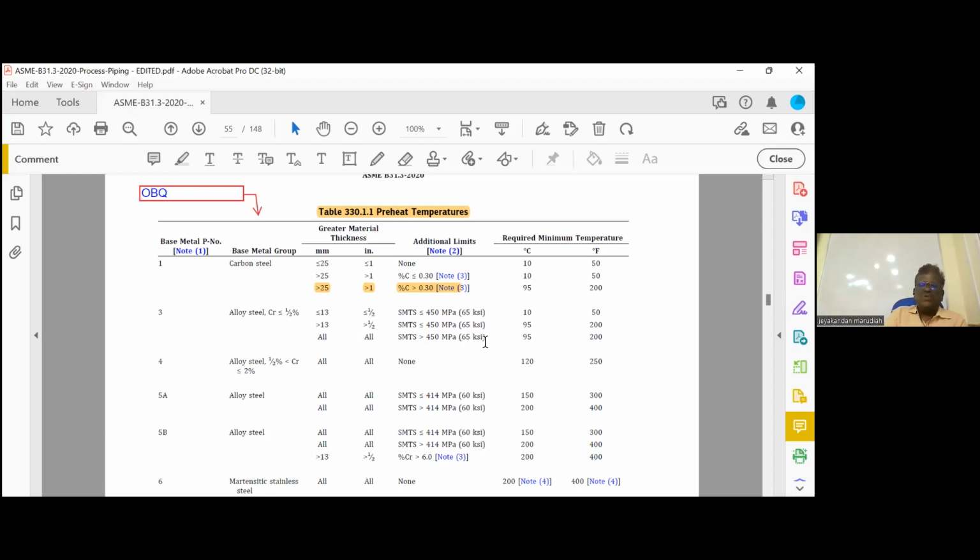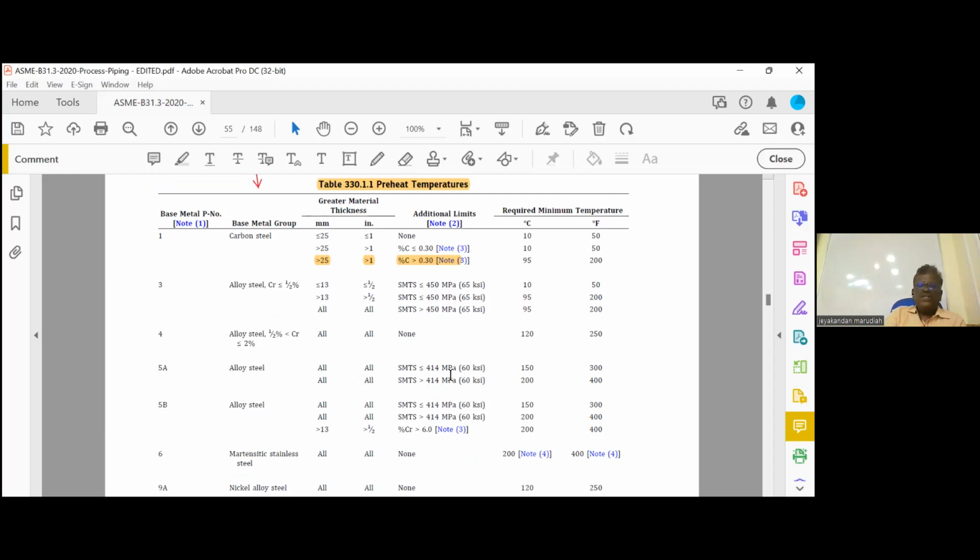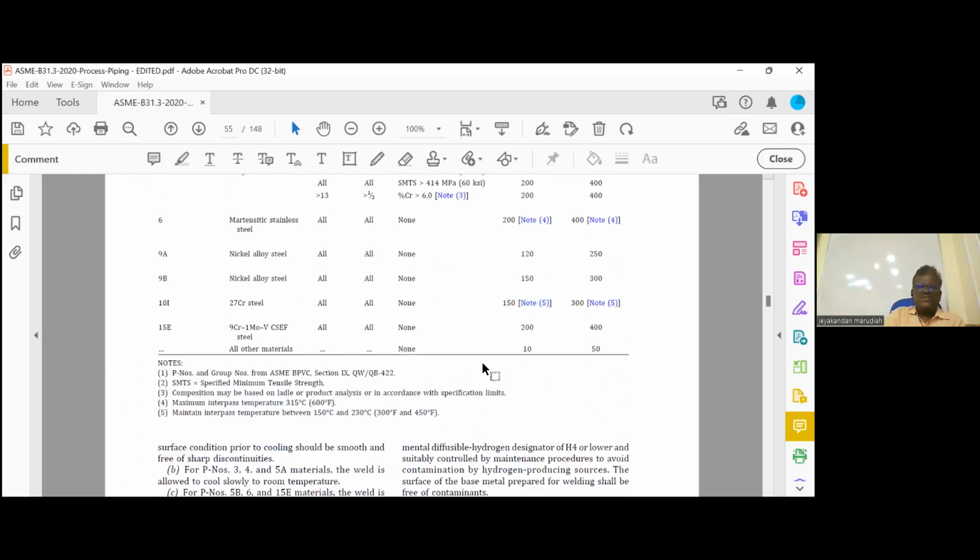When the tensile strength is more than 65, any thickness we have to do 200. Now, P number 4, any metal we have to do 250. There is no condition. P number 5, tensile strength less than or equal to 60, 300. Greater than 60, 400. So only this we have to know. Right? If you understand this, fine; this is not important actually, we will skip it otherwise.